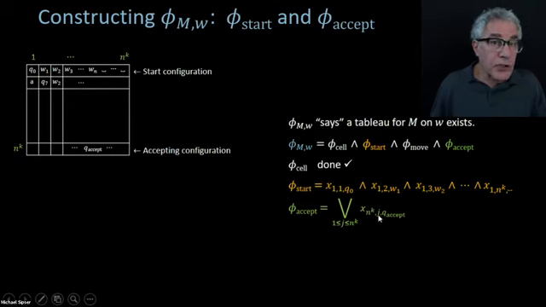And then I'm going to vary j from 1 to n to the k. So j, the column number, ranges from 1 to n to the k, and I'm looking for that Q accept. So x n to the k j, where j is varying, and Q accept. One of those has to be true. One of those has to be turned on. And so that's why it's a big OR.